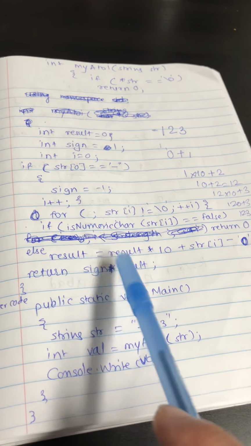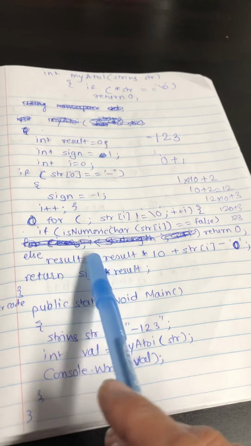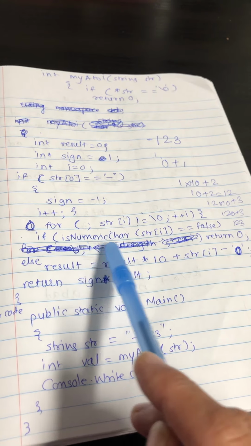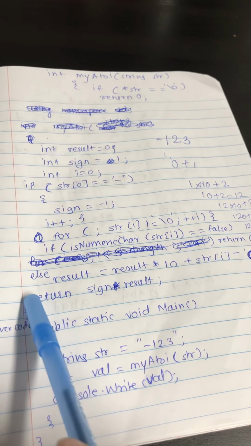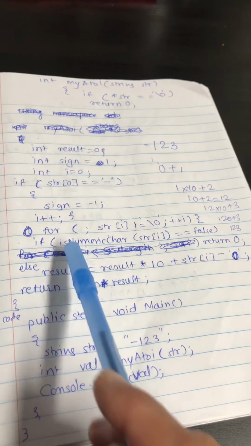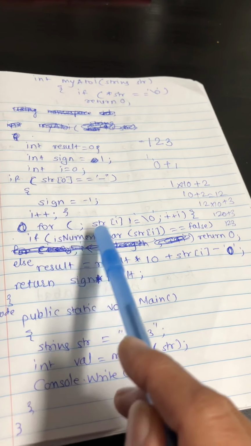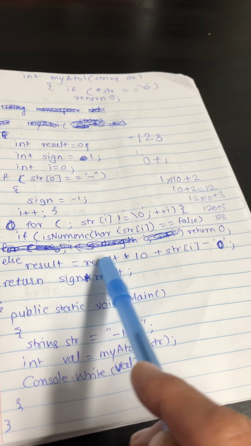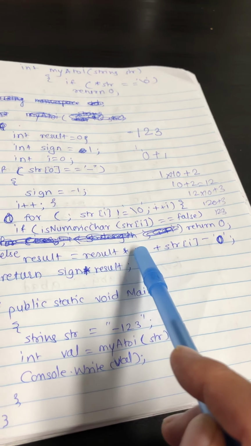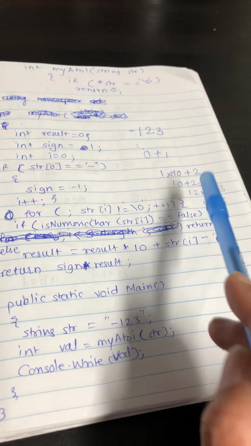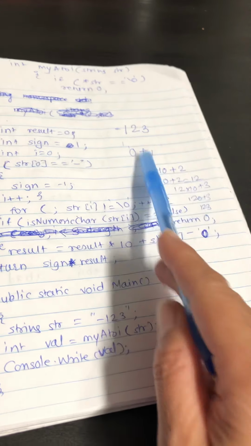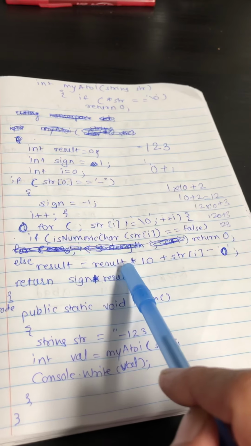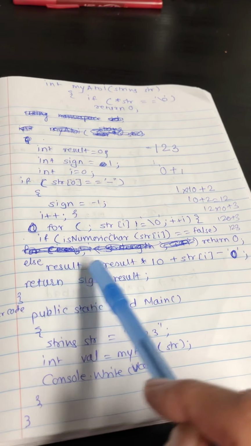In the third iteration the result is 12. 12 times 10 is 120 plus the value of the third character in the string, which is 3, and then 120 plus 3, 123 will be the result.